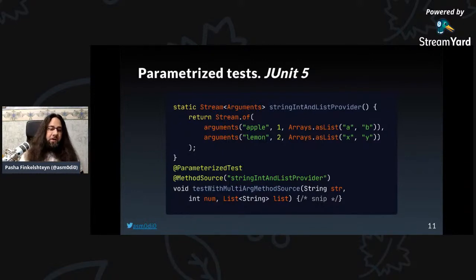There always should be a stream of arguments. And then we pass it to the method test with the MethodSource. By the way, this is from the official documentation for JUnit 5. And okay, it accepts again new arguments, and this is still untyped. Okay, there are no those ugly curly braces, but arguments is not much better.